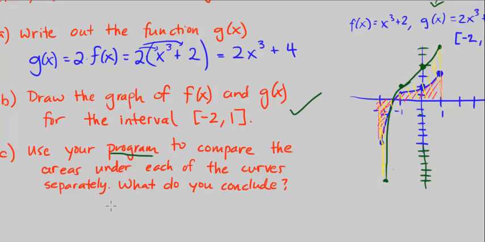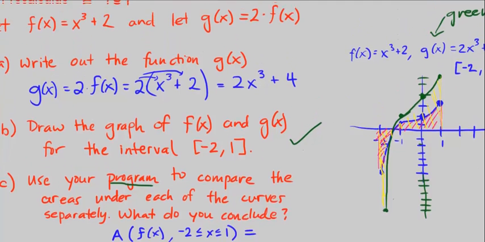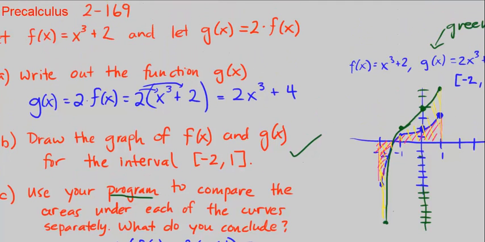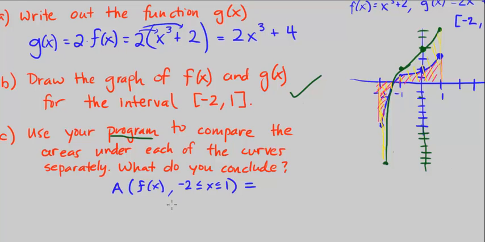So we want to look at, first of all, let's find the area beneath f of x from -2 to 1, right? So f of x is, let's scroll up to see where it's defined, x cubed plus 2. So that's equal to the area of x cubed plus 2 from -2 to 1.